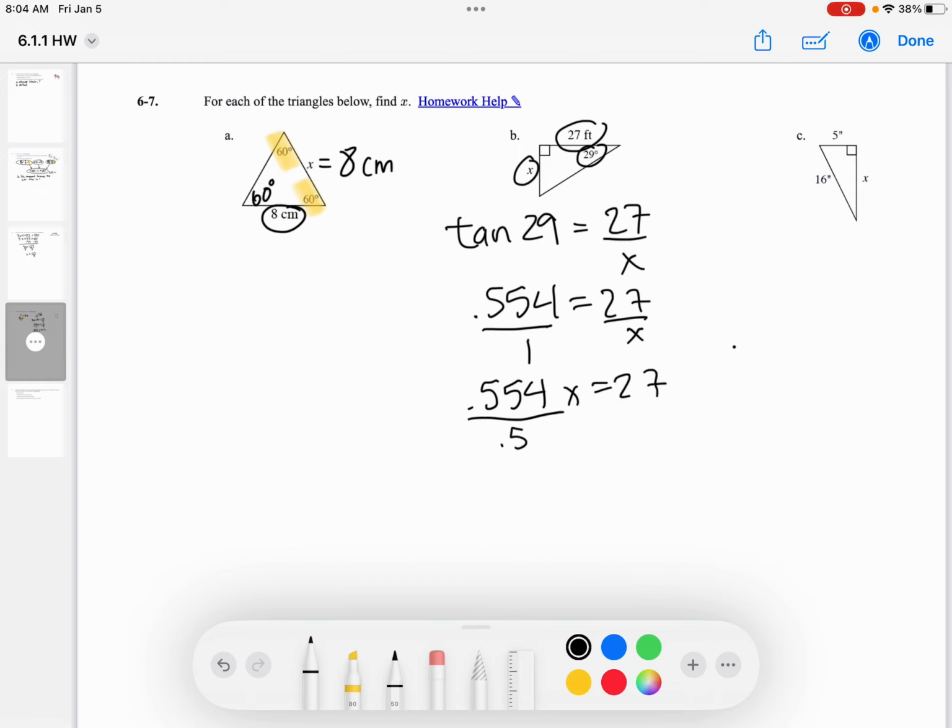I undo the multiplication by dividing, and I get that x equals 48.7, which seems big.